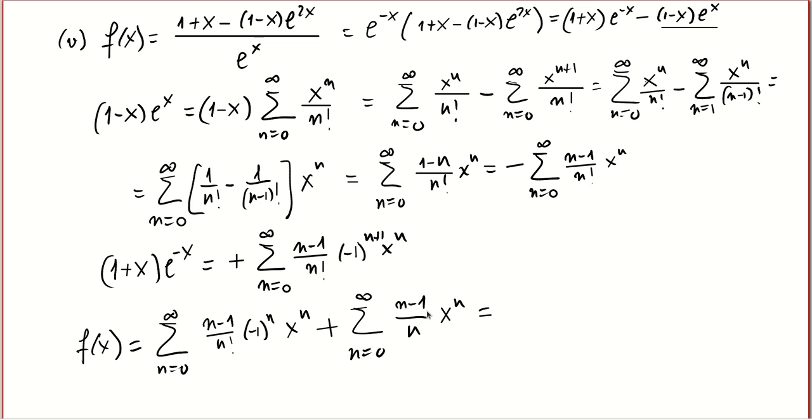And we can put these two things together by, oh, by the way, this is plus 1. I forgot this plus 1. We can put these two things together just like this, n minus 1 over n factorial, and then I have minus 1 to the n plus 1, plus 1 times x to the n.